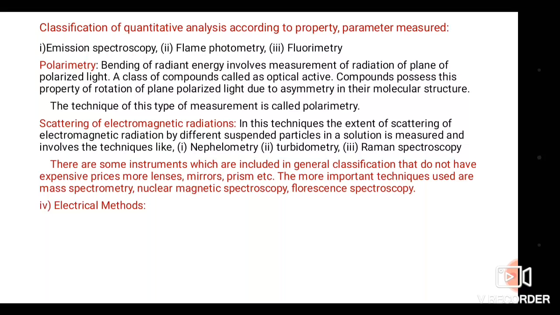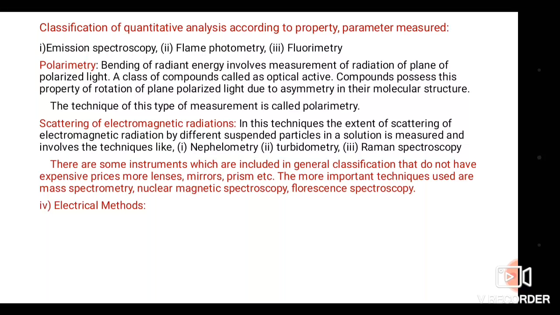This concept is explained by scattering, that is, Raman scattering and scattering by suspended particles. When the radiation falls on a suspended particle, it scatters the radiation, and that is also why the color of the sky is blue.